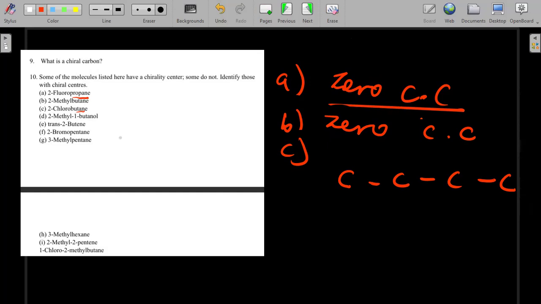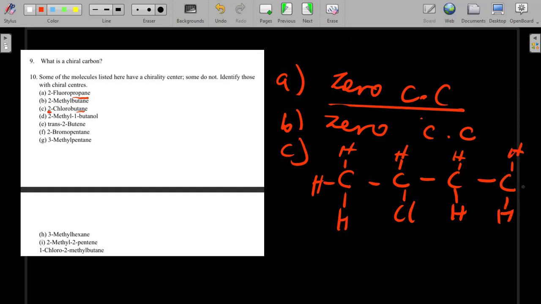Then at position number 2, you have a chlorine attached to this carbon. Then here, you have a methyl group. You have a hydrogen on top there. Here, we have a hydrogen. Here, we have a hydrogen. Here, we have a hydrogen.